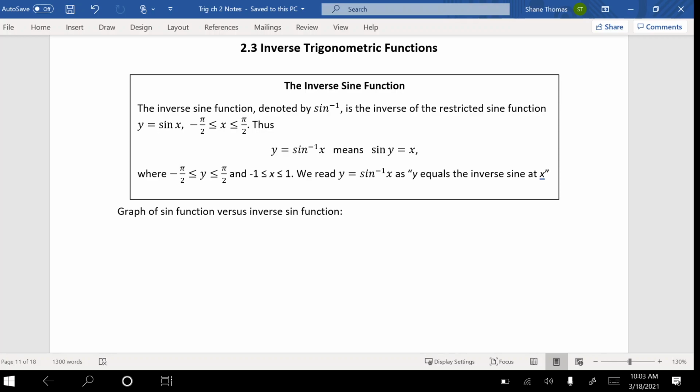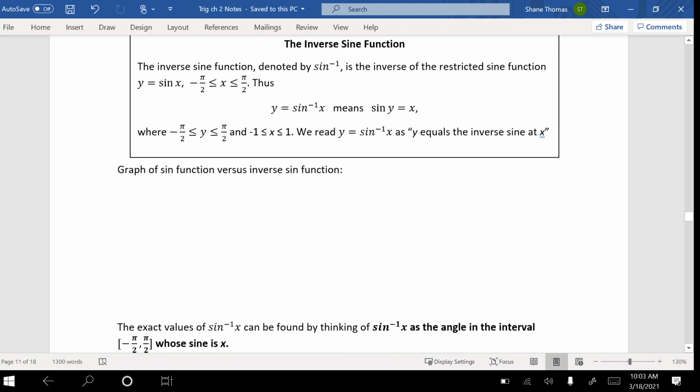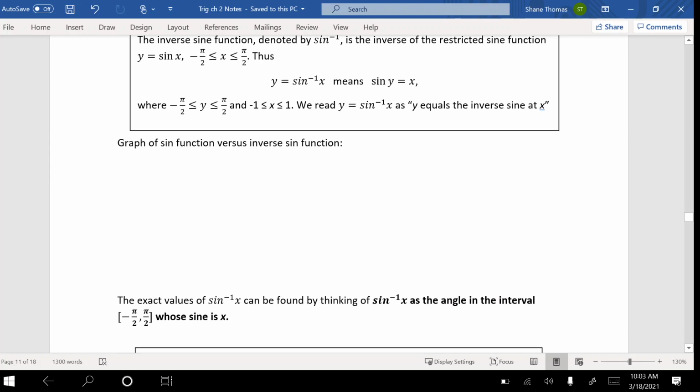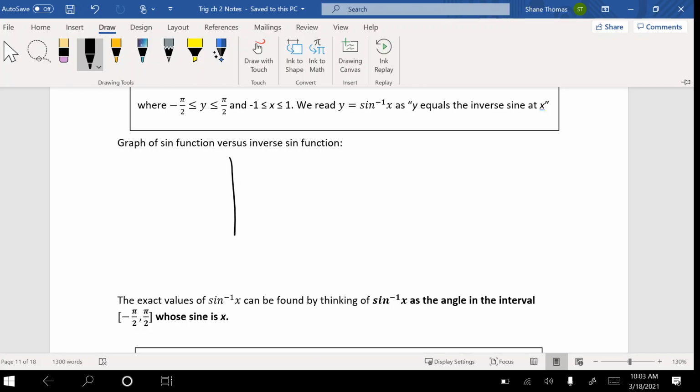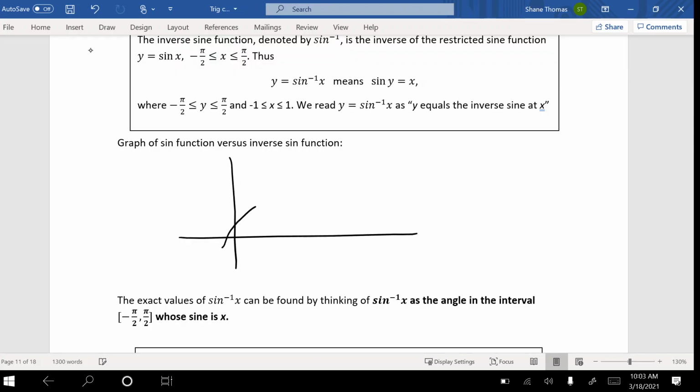But let's look at it in graph function real quick. I'm not going to ask you to graph inverse functions, okay? I just want to show you kind of what happens for these. So if I am graphing my sine function, remember the sine function looks kind of like that, right? Now, if I wanted to graph the inverse function of sine, and say I'm worried about this point here, it would look something like this.